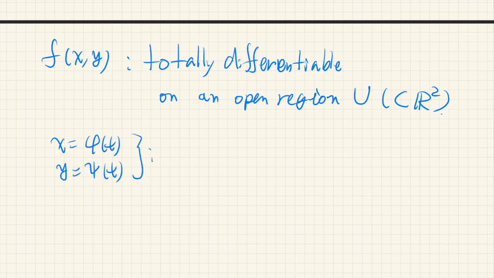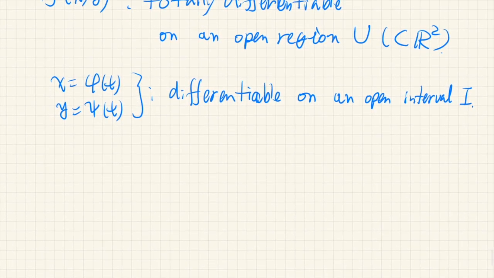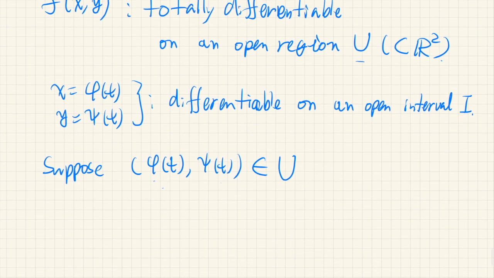These are univariate functions, differentiable on an open interval I. And suppose the points defined by this parametric curve, phi of t and psi of t, belong to that open region U for all t in the interval I. So this is the interval on which phi and psi are defined.